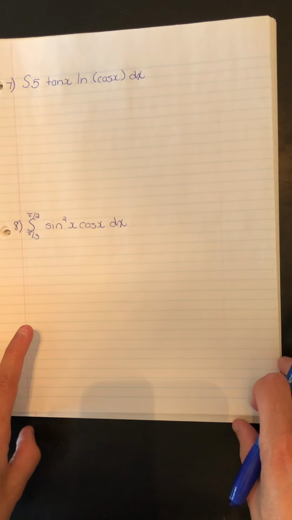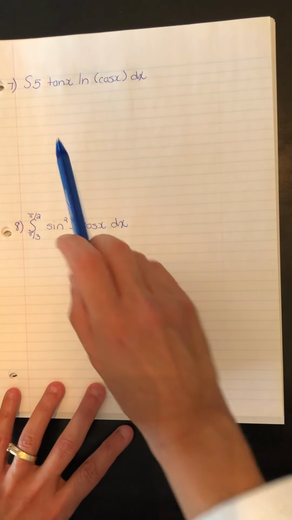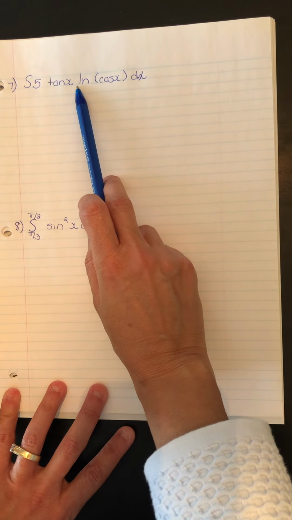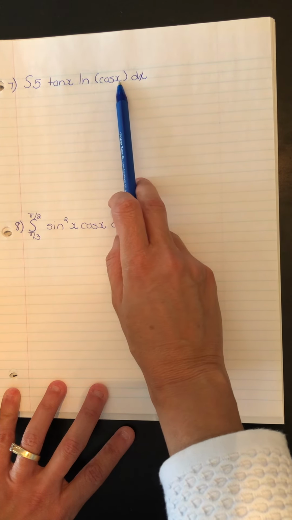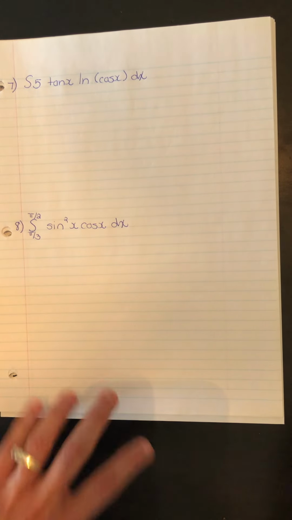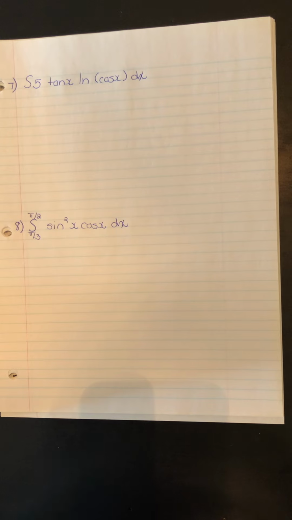Okay, so taking a look here, we have 5 tangent x multiplied by the ln of the cosine of x with respect to x. Oh boy. So remember, the key in solving these is correctly determining what you're going to call u. So we have to think of the possibilities.